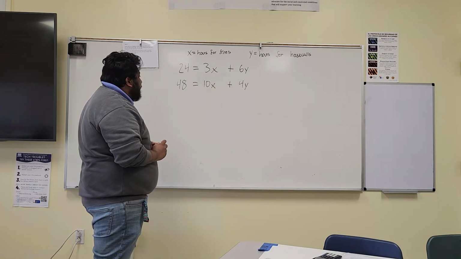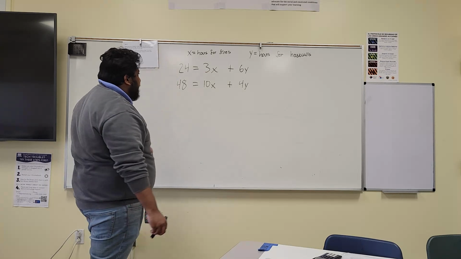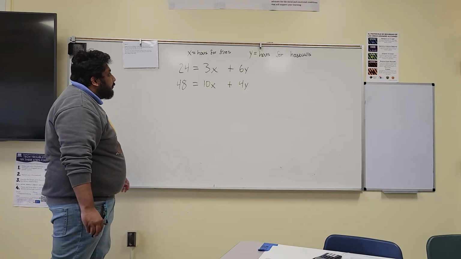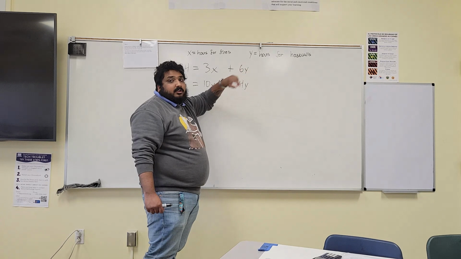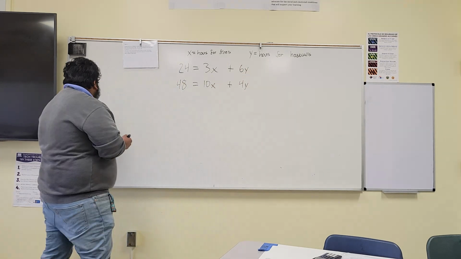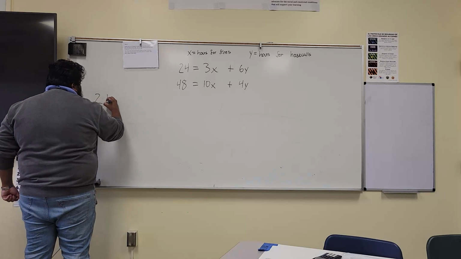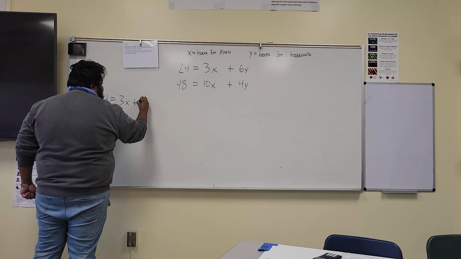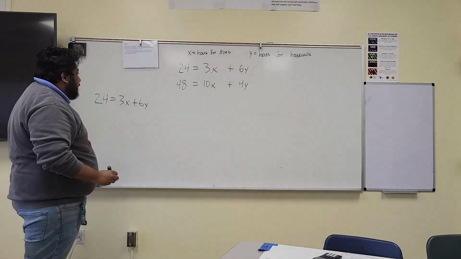So let's start with the first equation, just like last time, and we'll actually do it 2 different ways. We'll solve for y in 2 different methods. So we have 24 is equal to 3x plus 6y, and all we're gonna do is solve for y.